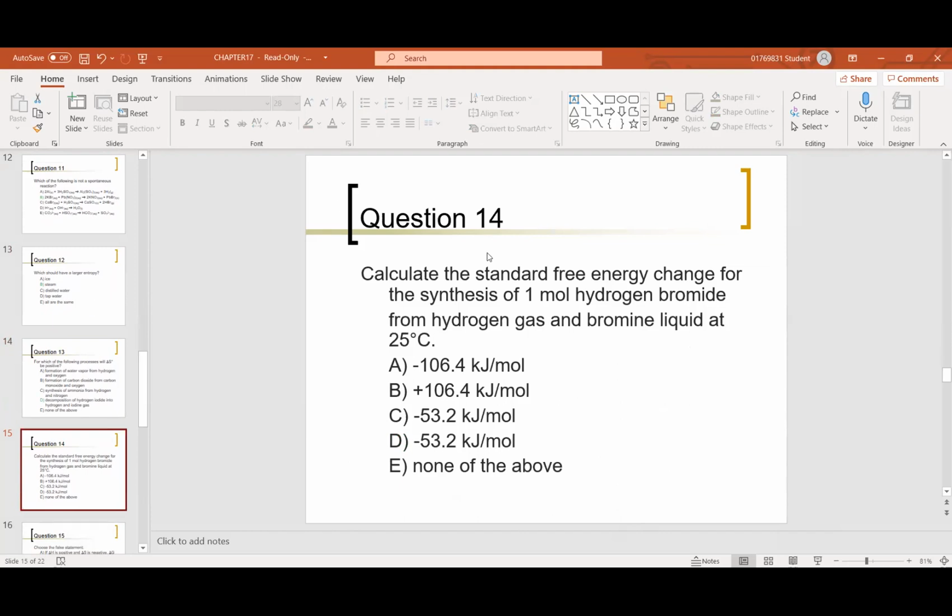Okay, all right, let me write the reaction. I'm going to change to green. I like green. Standard free energy, 1 mole of hydrogen bromide. H2 gas plus bromine liquid.